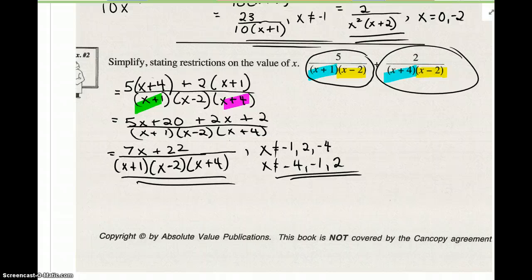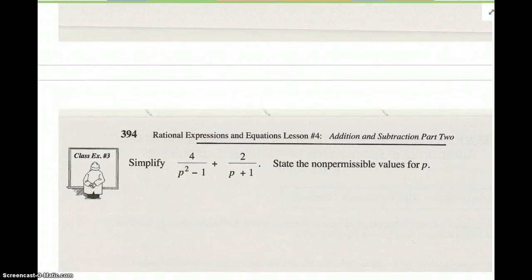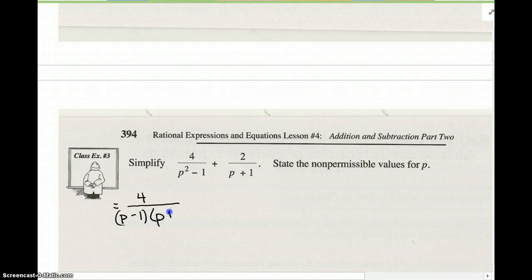The next part of this, we are going to just simplify again. Again, just a couple of extra different kinds of questions that you will experience. My 4 is going to stay up on top, and the first thing I said is we always need to factor or simplify your denominator. In this case, it's a difference of squares. So I immediately go to p minus 1 and p plus 1.